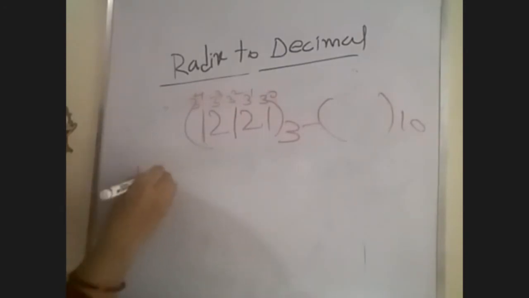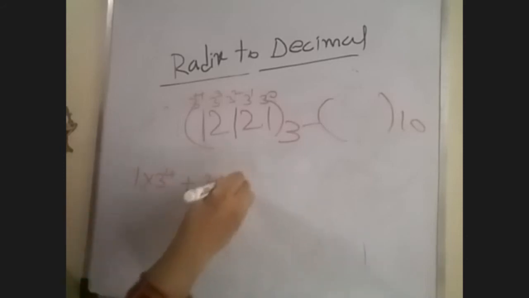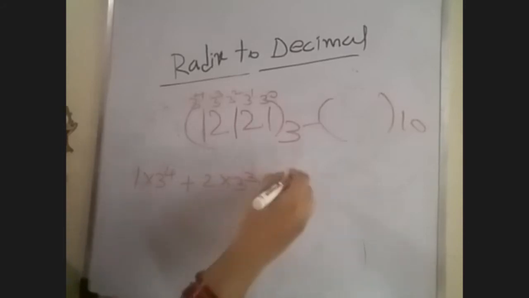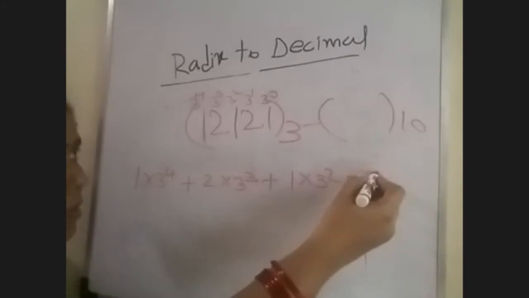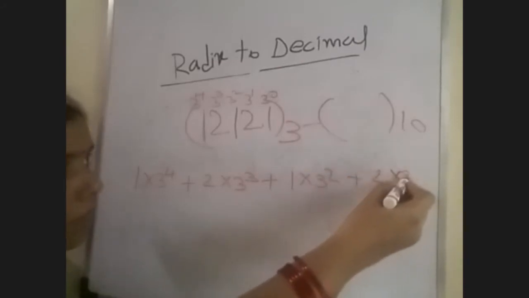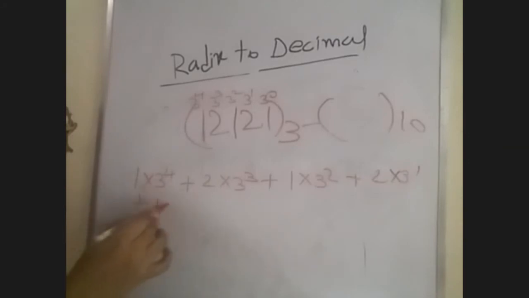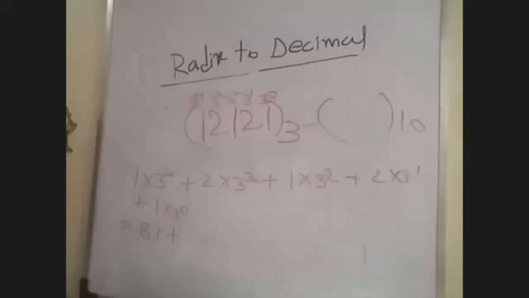So 1 into 3 power 4, plus 2 into 3 power 3, plus 1 into 3 power 2, plus 2 into 3 power 1, plus 1 into 3 power 0. 1 into 3 power 4 is nothing but 81. 2 into 3 power 3 is 54.